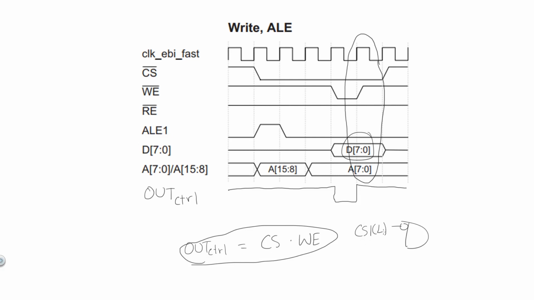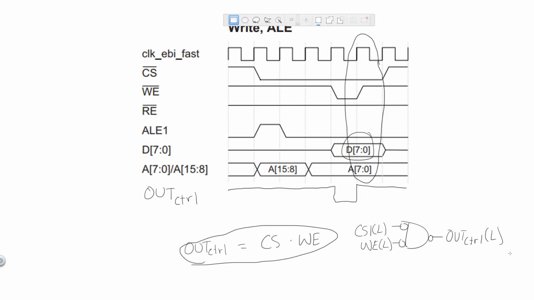So I'm going to have bubbles because they're active low inputs. Because when they're both true, or both low, I want to generate a low voltage on out control. So if I want a low voltage when these two ANDed together are true, then I need to have a bubble on the output, meaning that out control will be an active low signal.